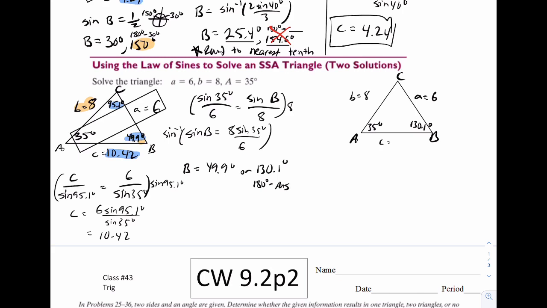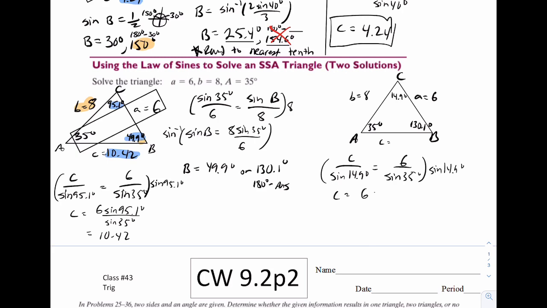Now go to the second one. Same thing. This last angle must have been 14.9 after you subtract from 180. So C over sine 14.9, that should equal your pair, which is 6 over sine 35, multiply by sine 14.9.